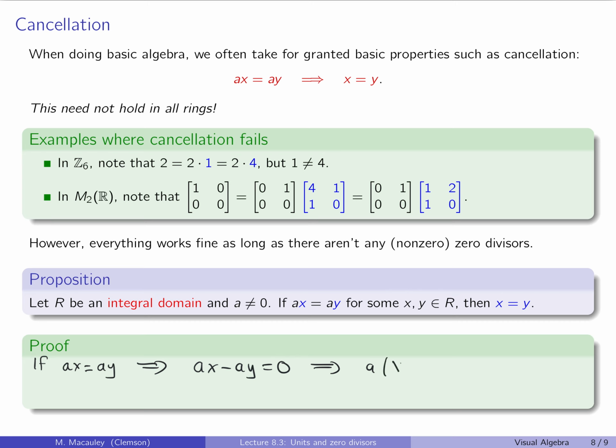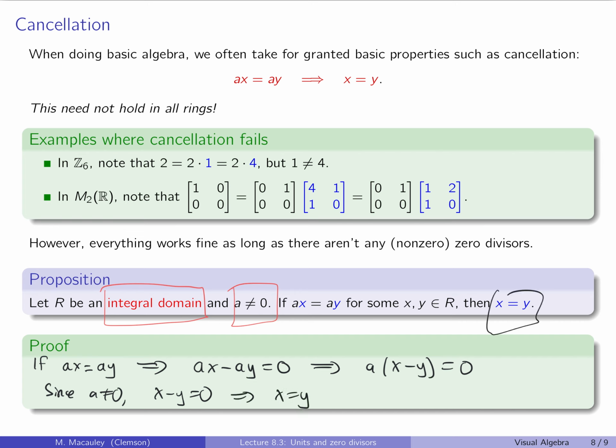That is a times (x minus y) equals 0. And if we are in an integral domain, that means either a is 0 or x minus y is 0. But we've assumed that a is not 0. So since a is not 0, x minus y must be 0. And therefore, x equals y. And that's what we wanted to prove.